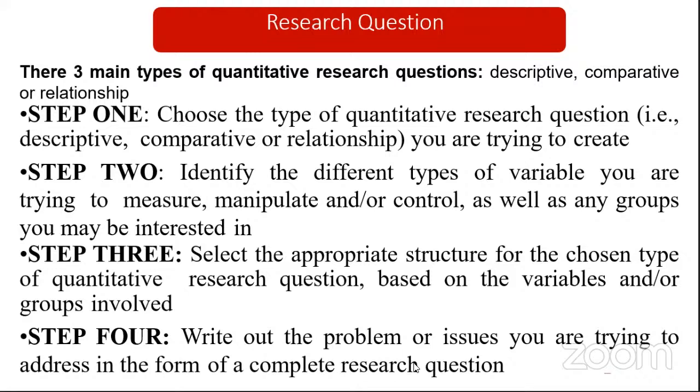At times we may not be directly manipulating them, but we must be able to cater for their effect on the dependent variable. There are different types of extraneous variables. Some call them intervening variables, and so on. And we said we have mediators, and we equally have moderators and confounders.